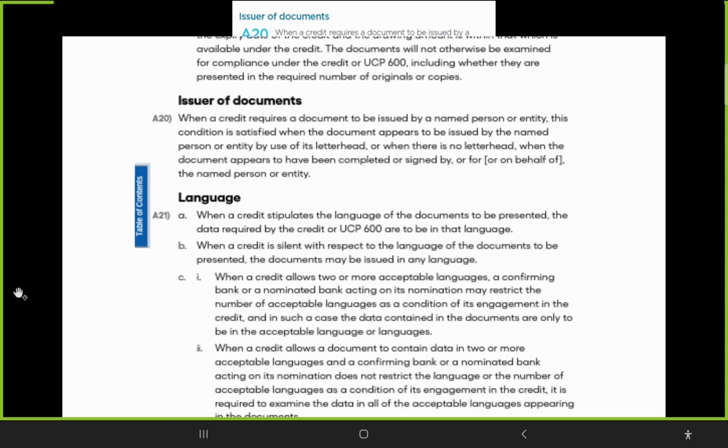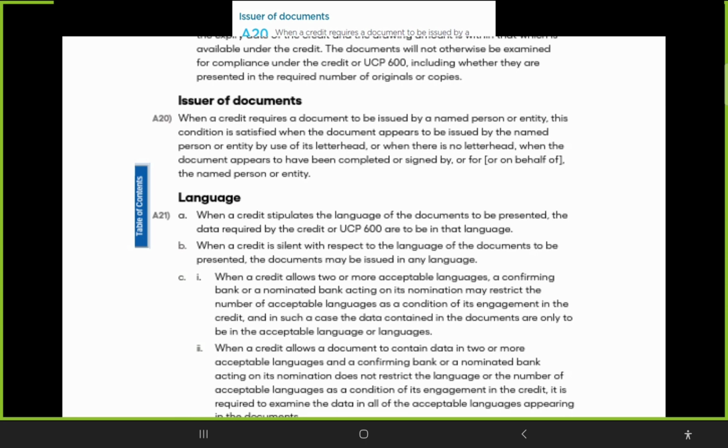When a credit allows 2 or more acceptable languages, a confirming bank or nominated bank acting on its nomination may restrict the number of acceptable languages as a condition of its engagement in the credit, and in such case, the data contained in the documents are only to be in that acceptable language or languages. If I'm the issuing bank, I'm saying documents are acceptable in English and Mandarin.